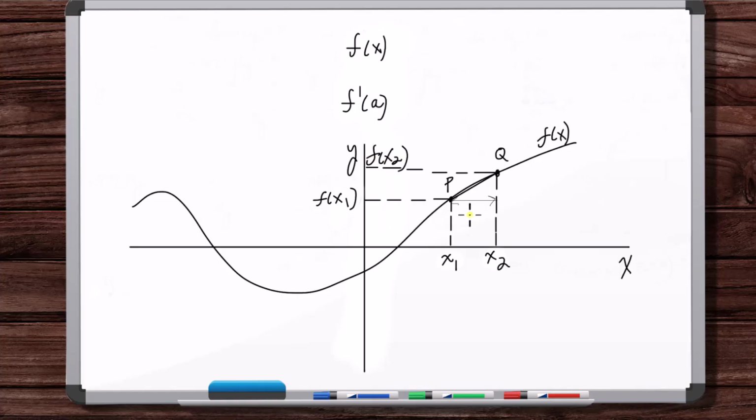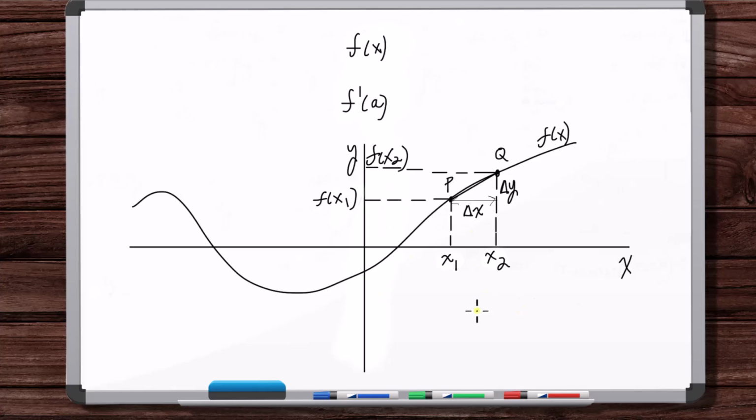And so what results is you've got the distance of the x-coordinate from point P to point Q is x2 minus x1, which you can just call delta x. And then the y-coordinate distance of point P from point Q is f of x2 minus f of x1, which you can just call delta y.